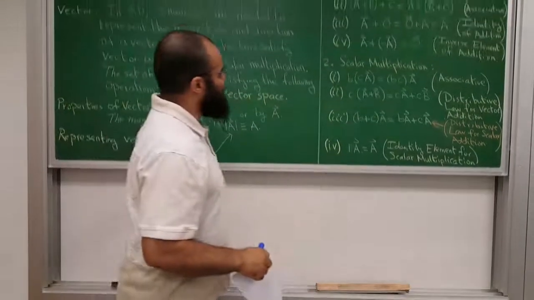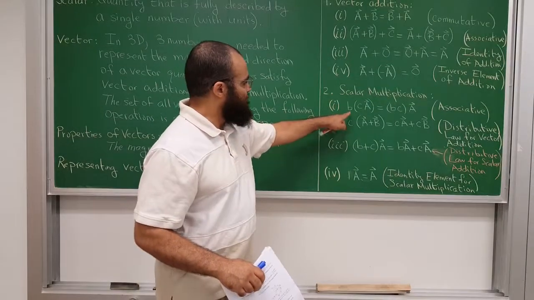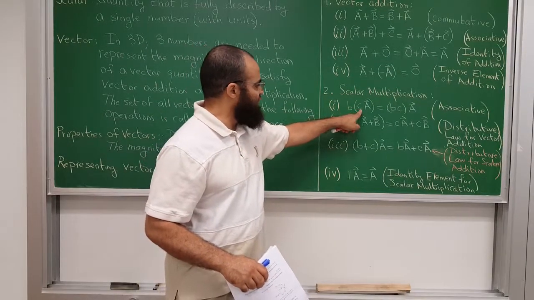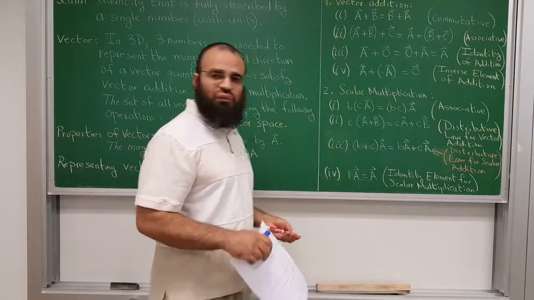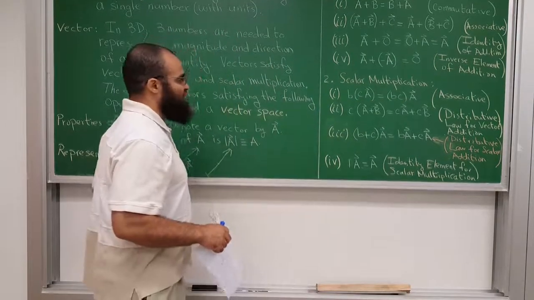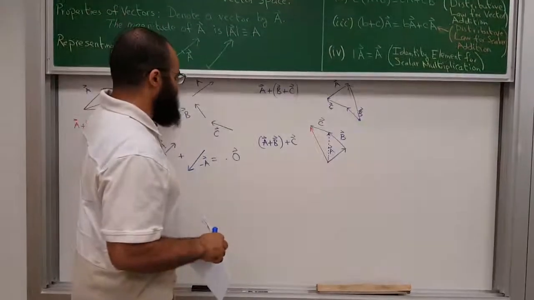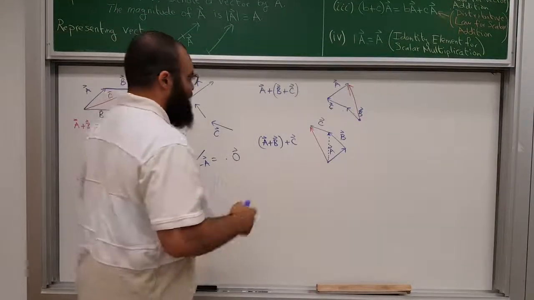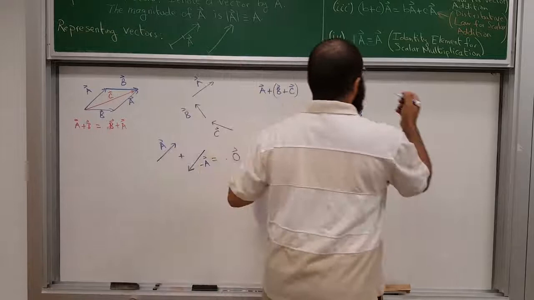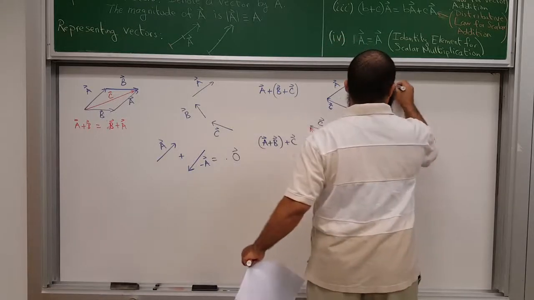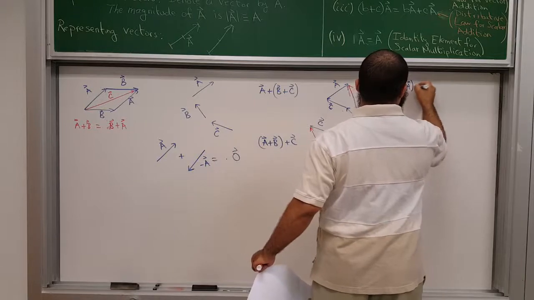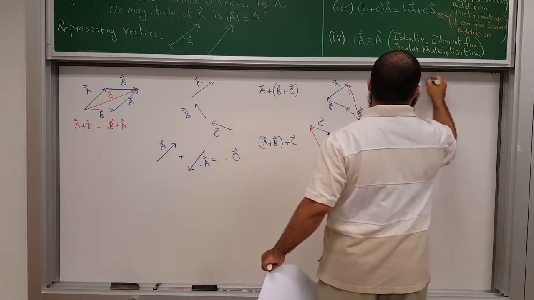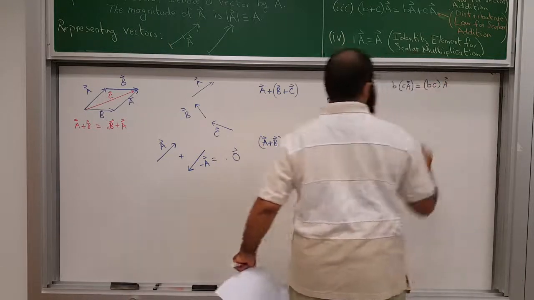Scalar multiplication now. B times C times A is the same as B times C, and then you multiply it by A. So let me show you how that works. B and C here are real numbers.